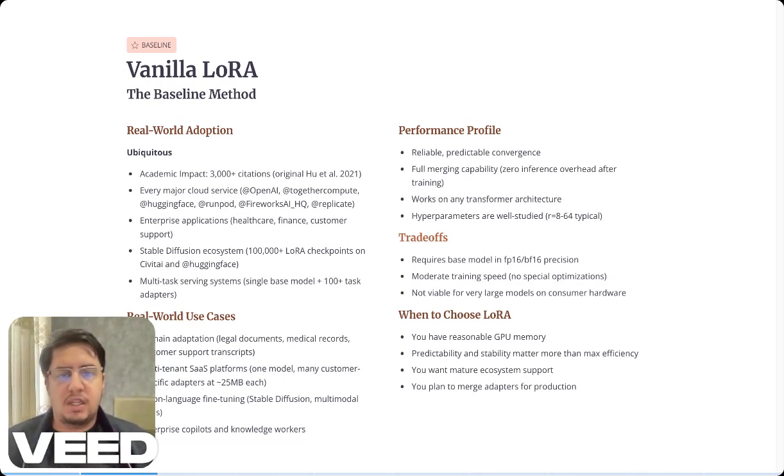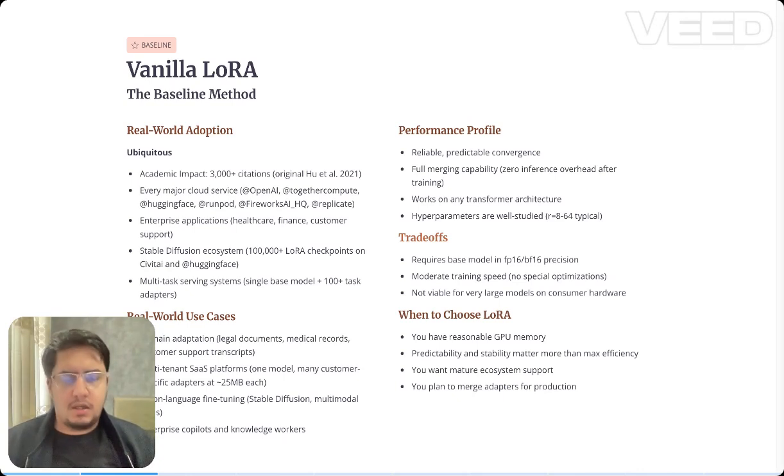You could be using models from OpenAI, like GPT OSS, or from Hugging Face, or RunPod, or Fireworks, or whatever. All cloud services, all sorts of models have been post-trained with LoRA at this point, since it's such a famous method.